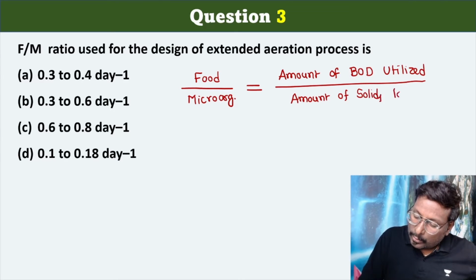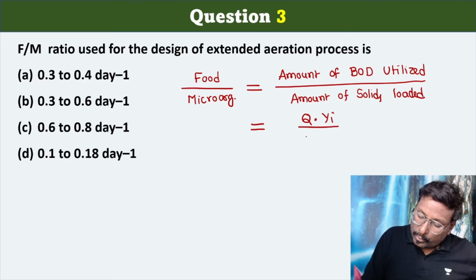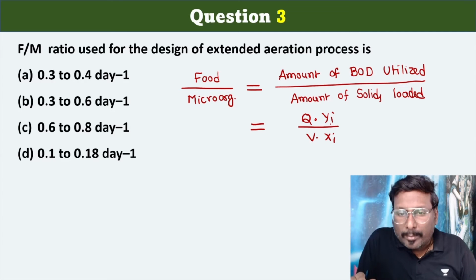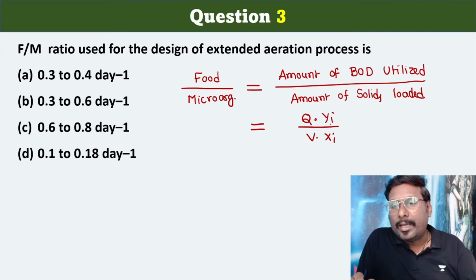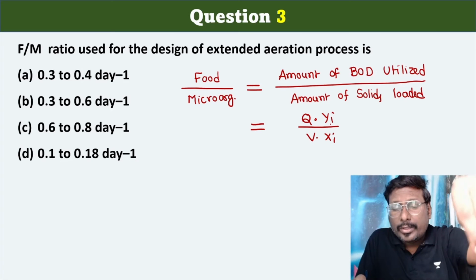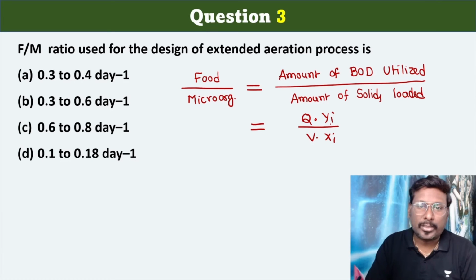F by M equals Q into Yi upon V into Xi. This is the formula. The amount of BOD utilized by microbes is the food taken by microbes. The amount of solids loaded is how much solids food you have given. That is the F by M ratio.